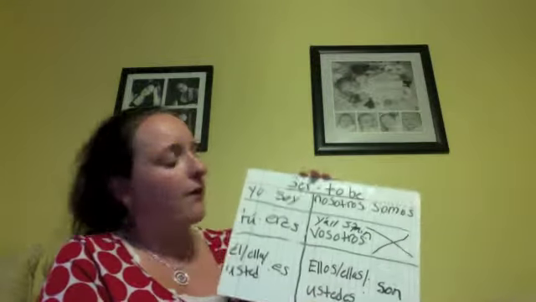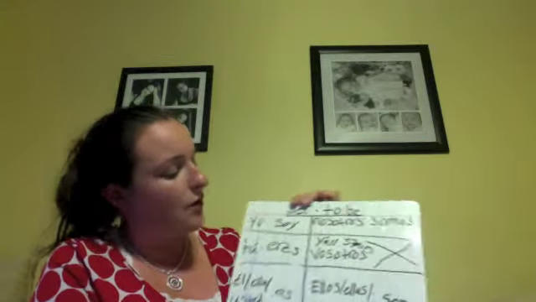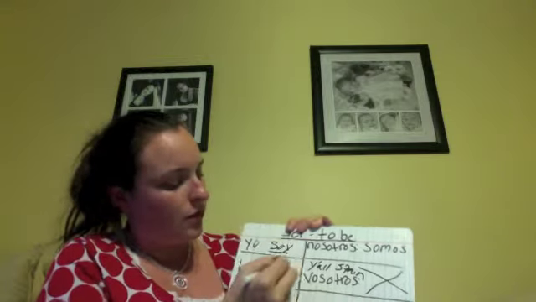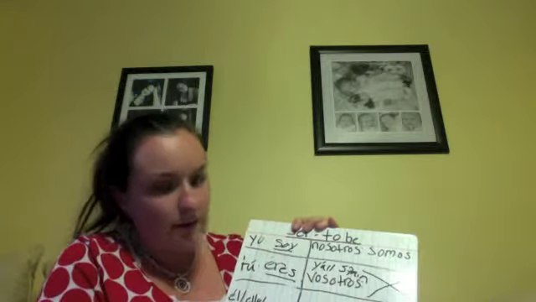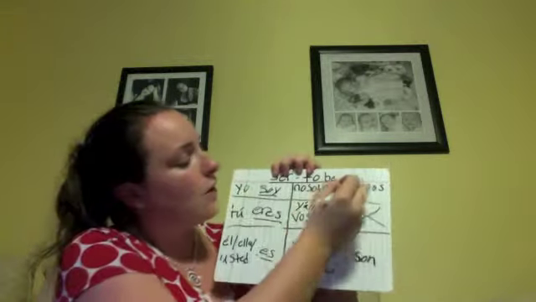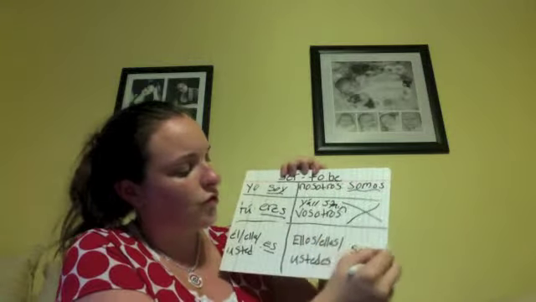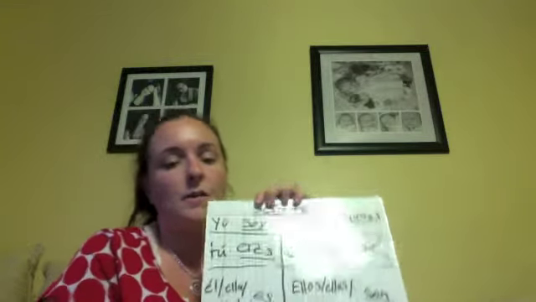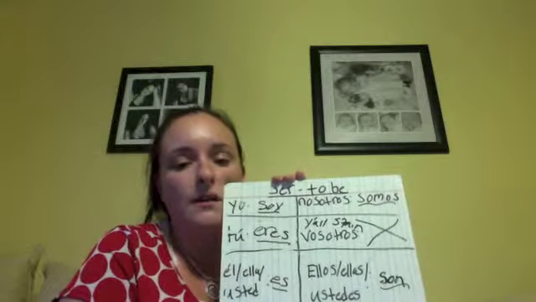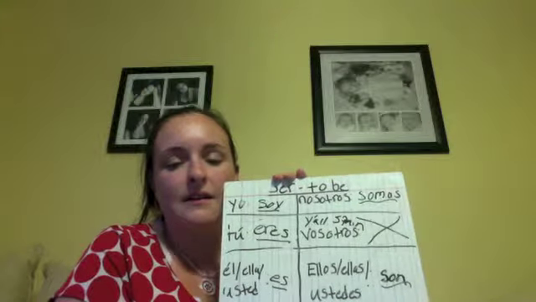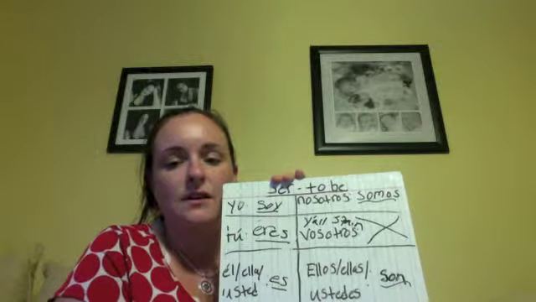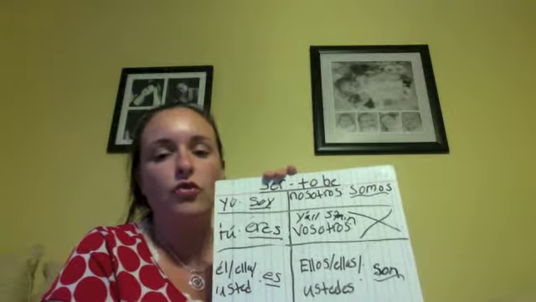So our forms of ser that you need to have written down on your note sheet are soy, eres, es, somos, son. So repeat these after me. Soy, eres, es, somos, son. These are your forms of the verb to be.